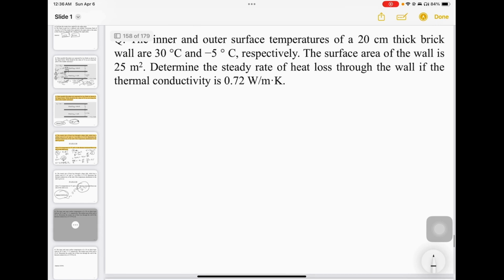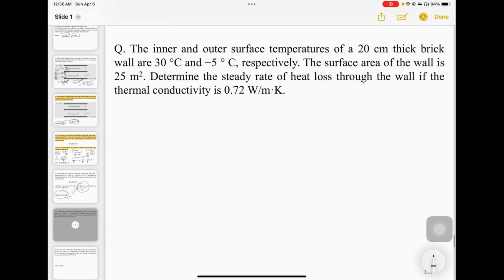Now, the next question is the inner and outer surface temperature of 20 centimeter thick brick wall are 30 degrees Celsius and minus 5 degrees Celsius, respectively. The surface area of the wall is 25 meters square. Determine the steady rate of heat loss through the wall if the thermal conductivity is 0.72 watt per meter Kelvin. Let's write the given thing.